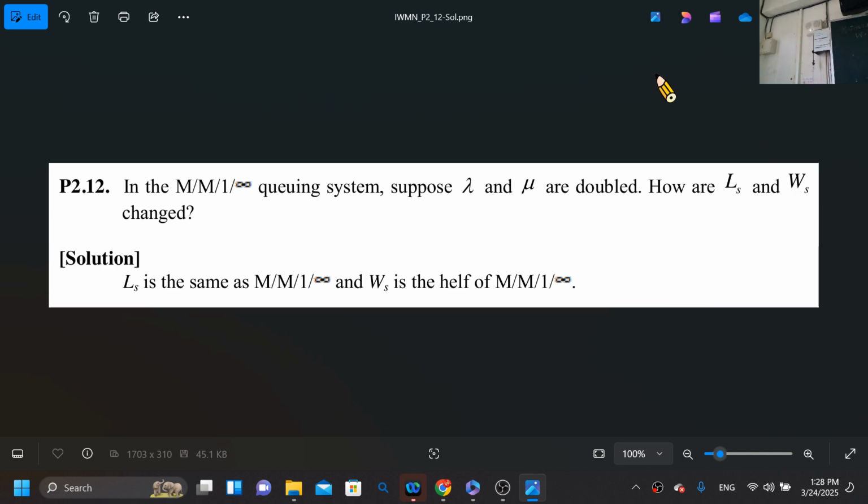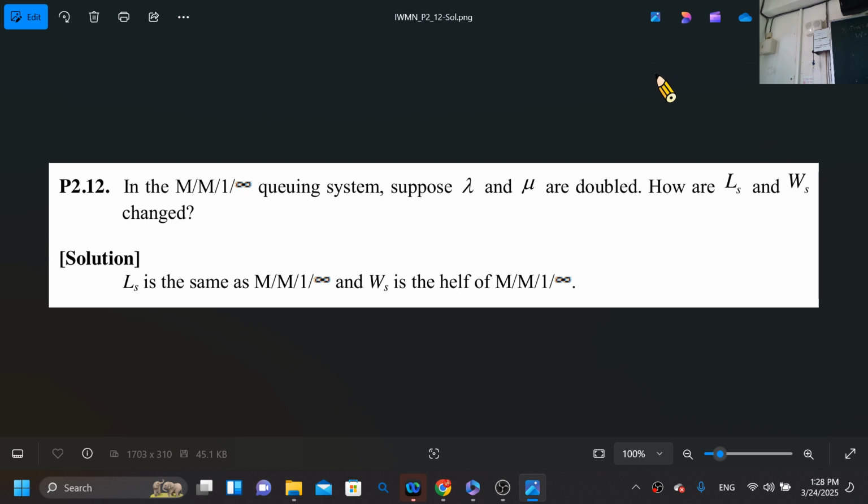For this one, we don't have the solution directly, but we should check the formula. You can check the formula for system length and the formula for time. For the formula we have the arrival rate over the service rate.